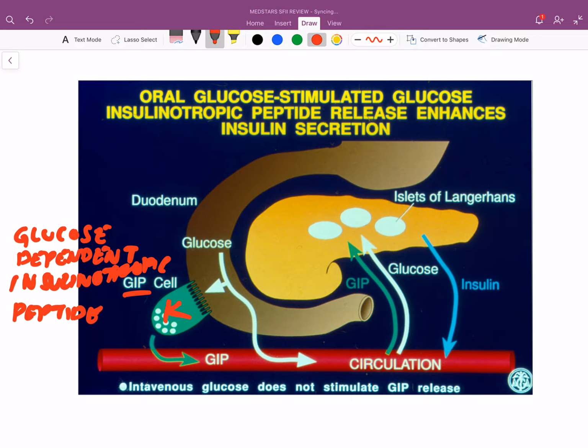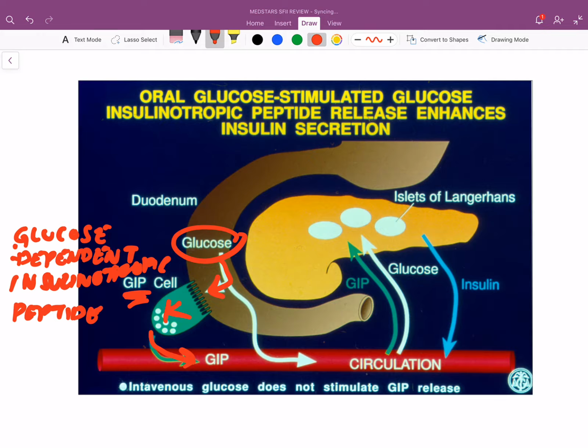So what does it do? It depends on glucose, right? So when glucose reaches these K cells, these K cells sense this glucose and they dump out GIP. They dump out GIP into the bloodstream, right? We call that endocrine, right?